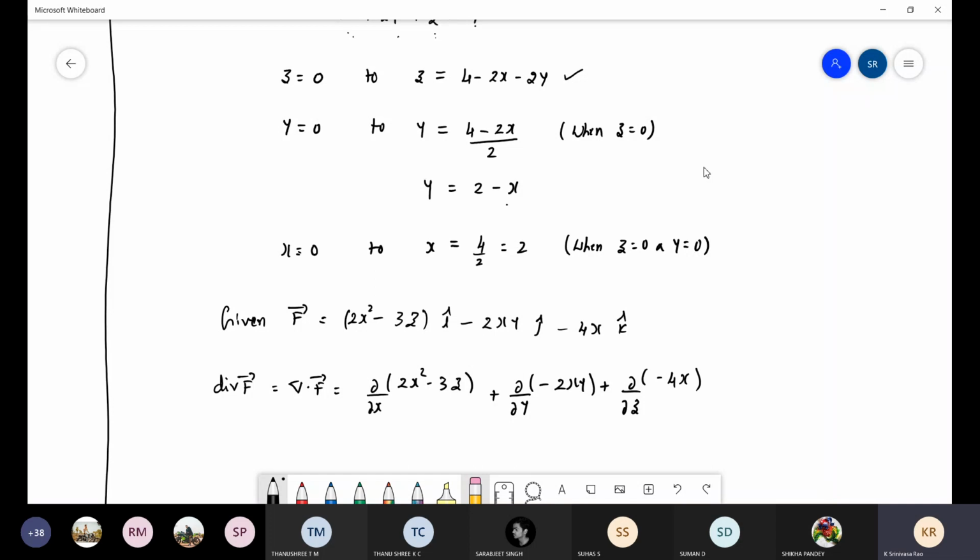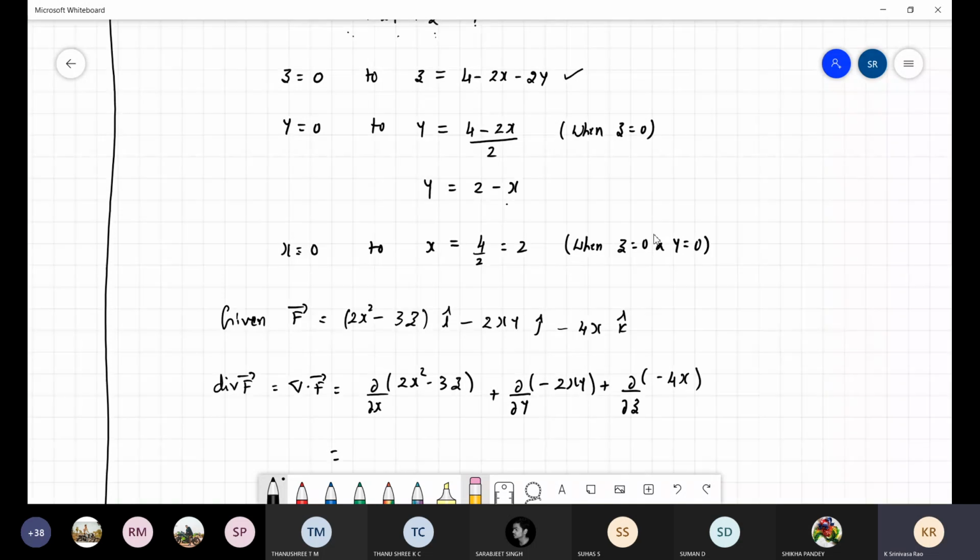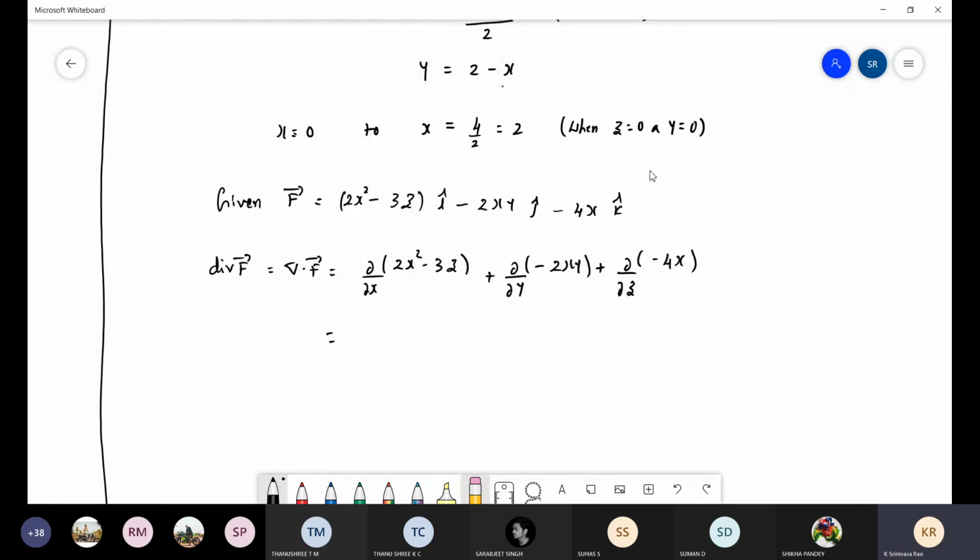What is the answer? 4x minus 2x. Is it right? 4x minus 2x is 2x. Correct?